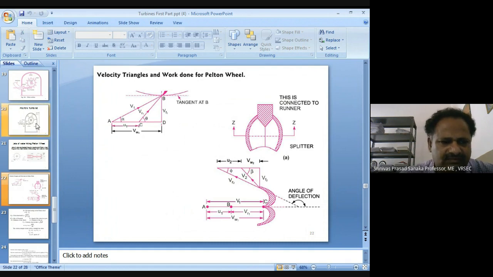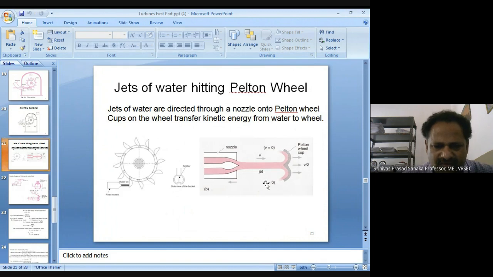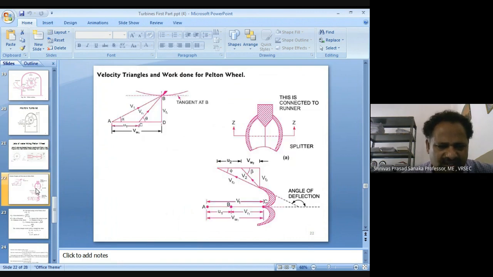So these are the various components of the Pelton wheel, and the function of each component has been explained to you. This diagram shows how the jet is coming from the nozzle and spear arrangement, and how it is split into two halves. And this is the bucket top view.